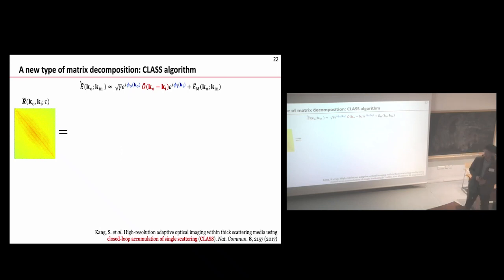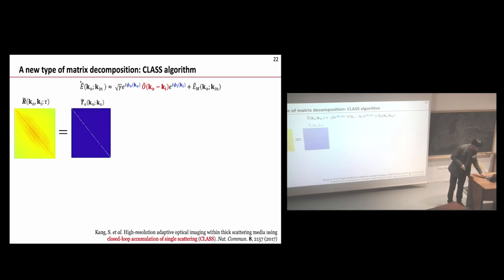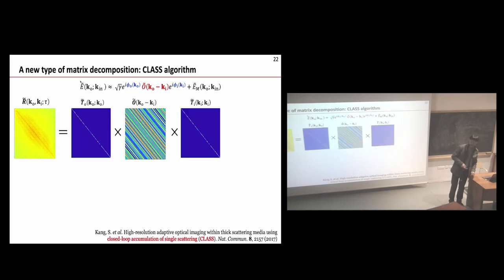But then we realized that this operation is a new kind of matrix decomposition. We have a reflection matrix, but at the end of the day, we factorize it into three components. The matrix is decomposed into two diagonal matrices and one Toeplitz matrix. That's what our operation does.